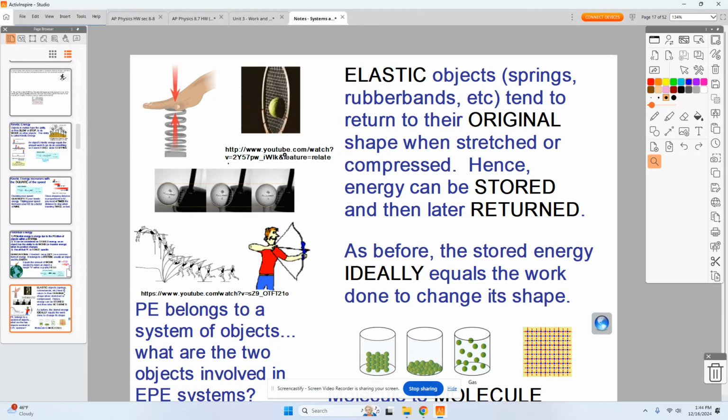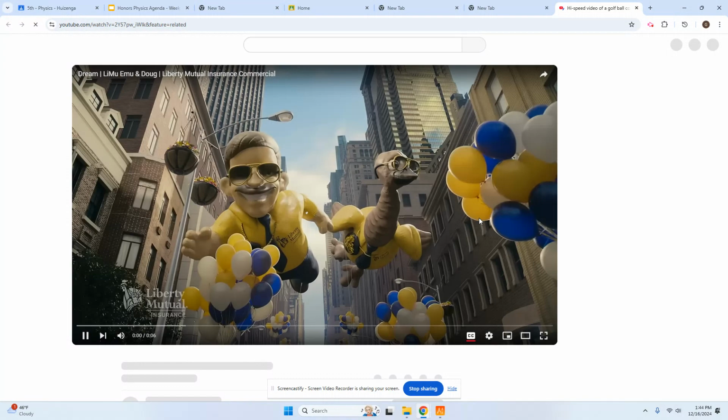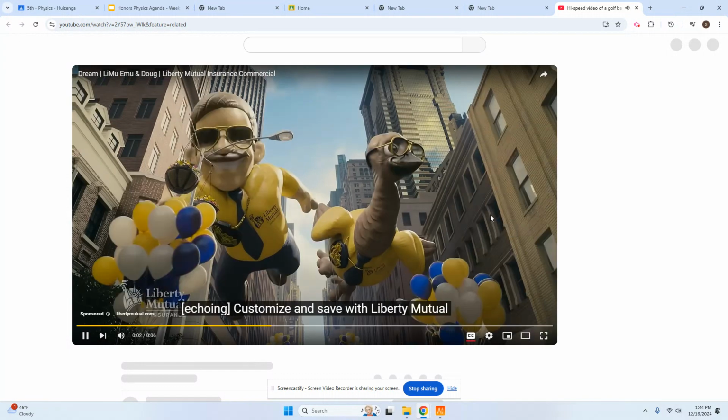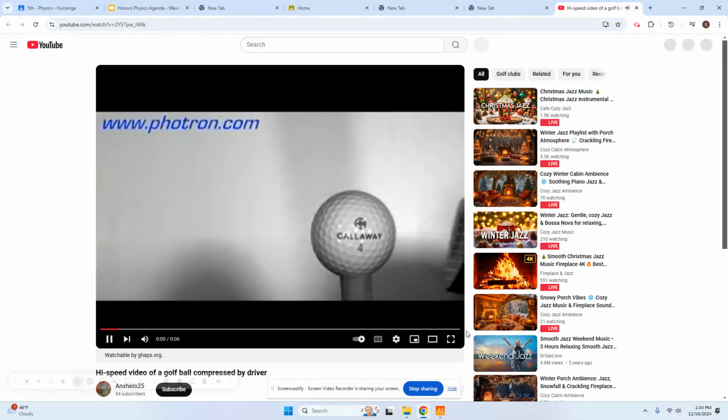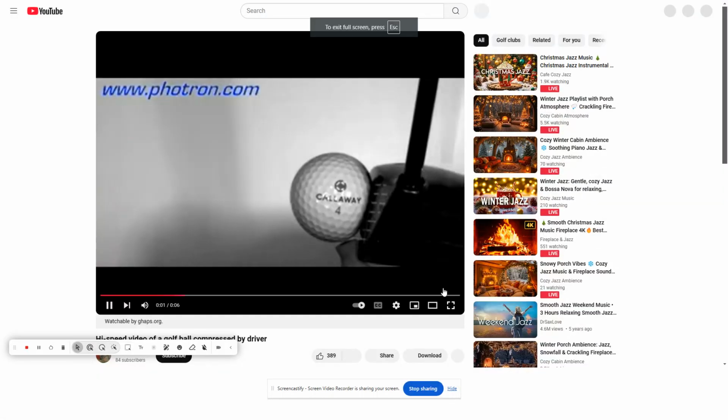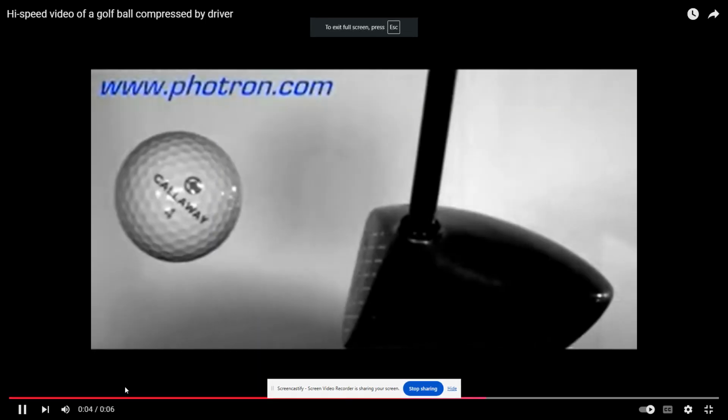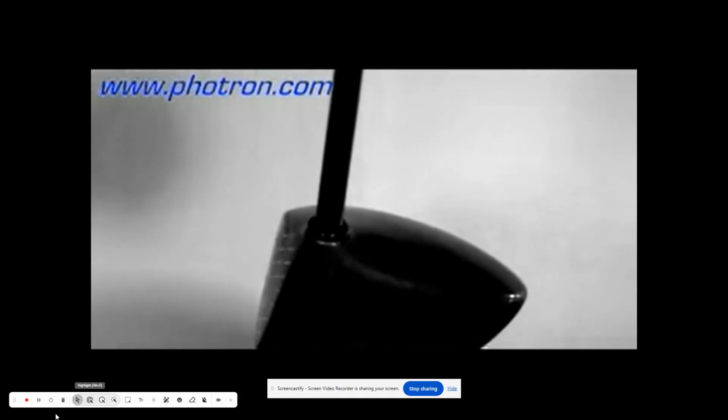So let's first do the golf ball being hit. I think I have one that's a golf ball. So for those of you that are golfers, yeah. Okay, so here I want to show you the slow motion of a golf ball being hit. So the ball has a normal shape.